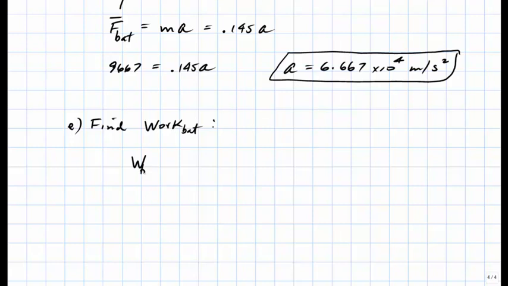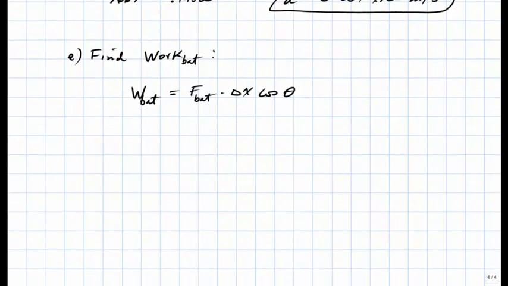So the work done by the bat would equal the force of the bat times the displacement times the cosine of the angle between the force and the displacement. The only problem with using this equation is we would need to determine the displacement over which the bat and ball were in contact with one another. And I guess we could do that, but I'd like to avoid that.